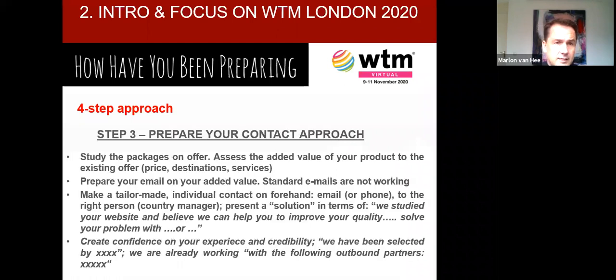So, okay, step one, long listing, step two, short listing, and then it's all about preparing your contact approach. What I strongly believe in is, again, doing this homework for each potential, in this case, UK tour operator that you shortlisted. Because I personally do not believe in one email message with the same content for all the UK tour operators that you shortlisted.